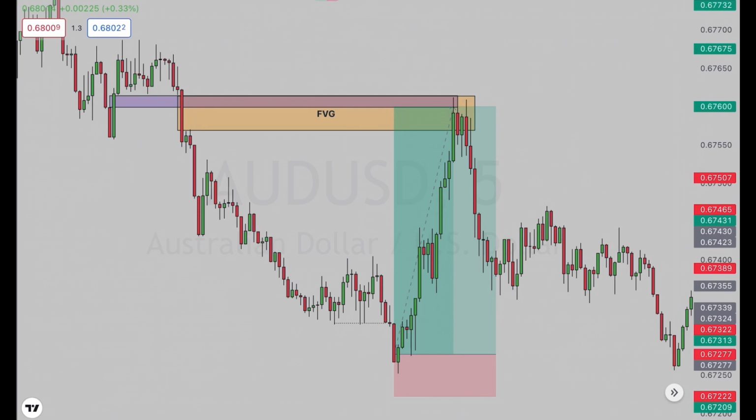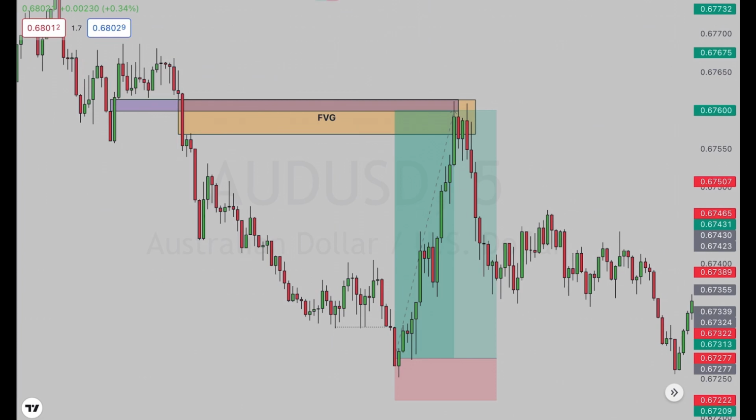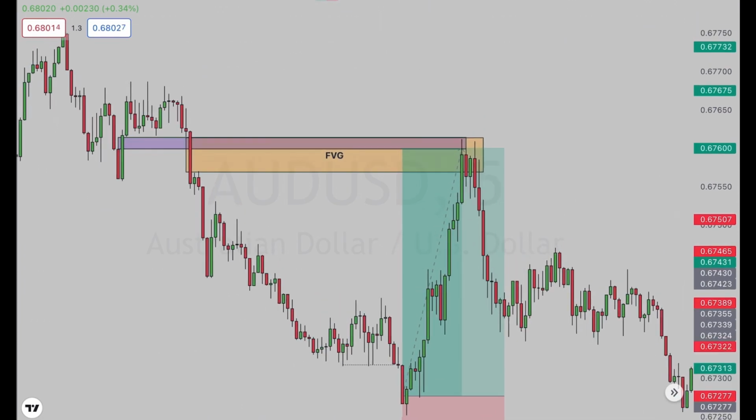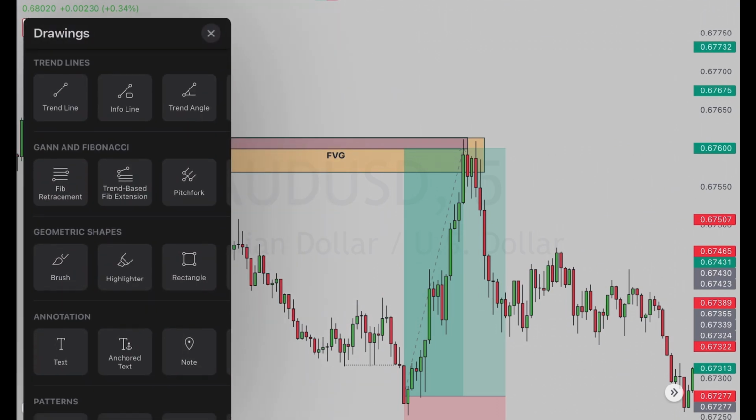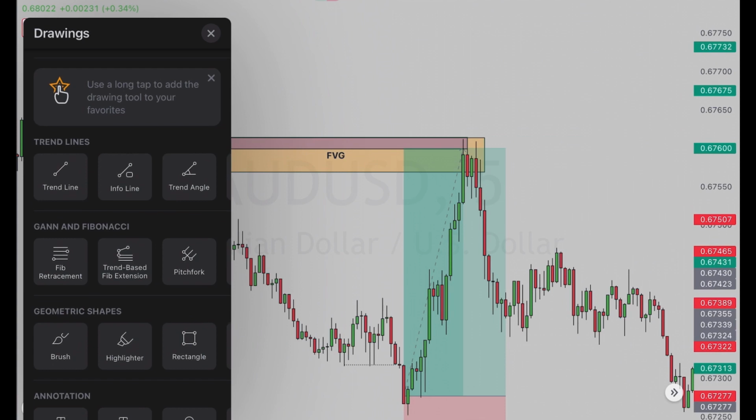Okay, so that is your two patterns that you could use with fair value gaps. In this case, we are trading the move up to the fair value gap, right? So here we got sell side taken out. Take profit at the fair value gap, and boom, price hits it perfectly.